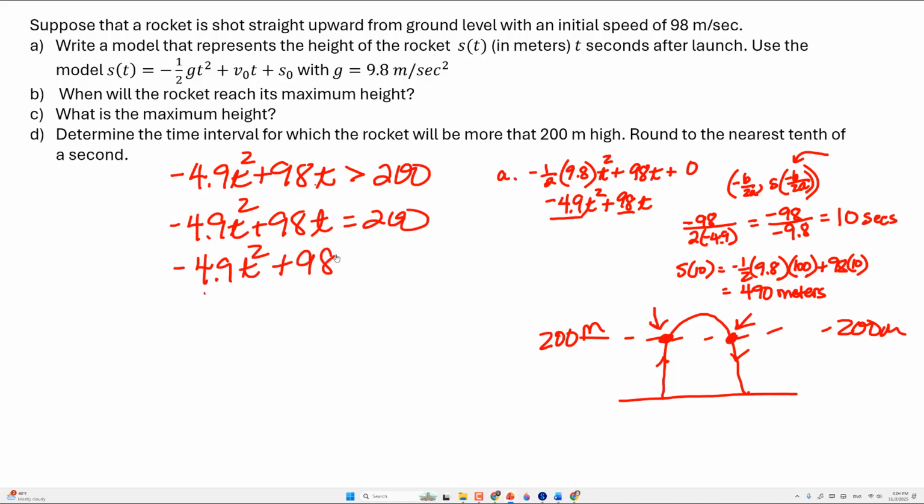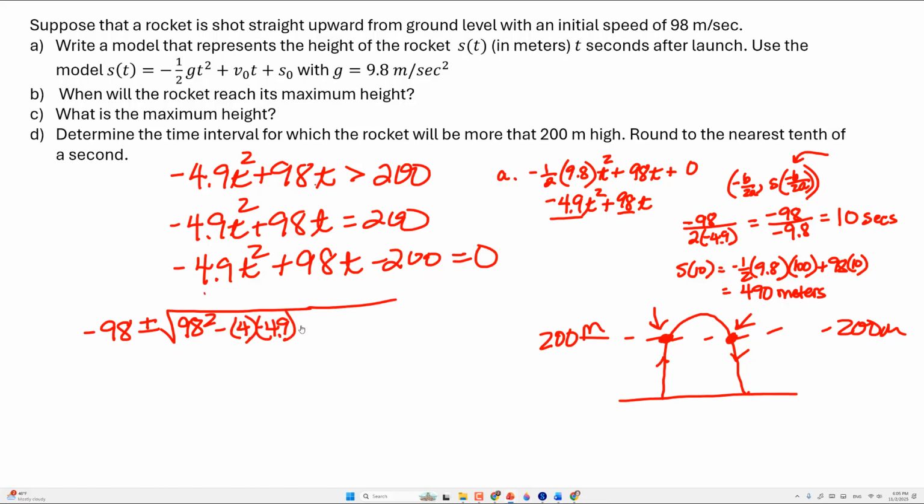We will find the zeros of this function, and that will tell us when negative 4.9 t squared plus 98t is equal to 200. So we're going to plug that into the quadratic formula. So we're going to have negative b plus or minus the square root of b squared minus 4ac, all over 2a.